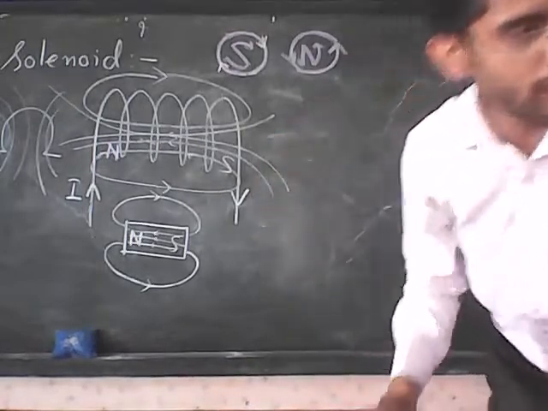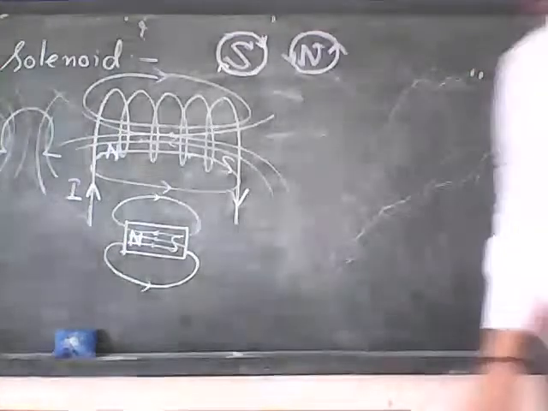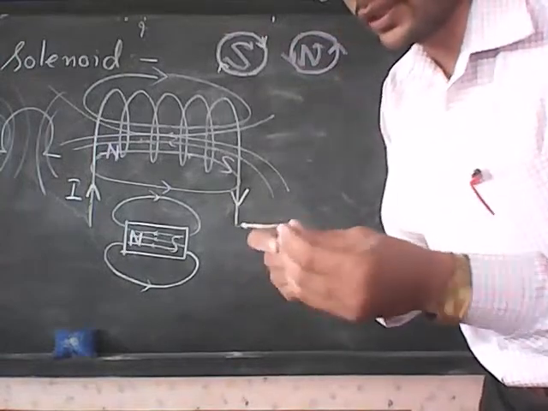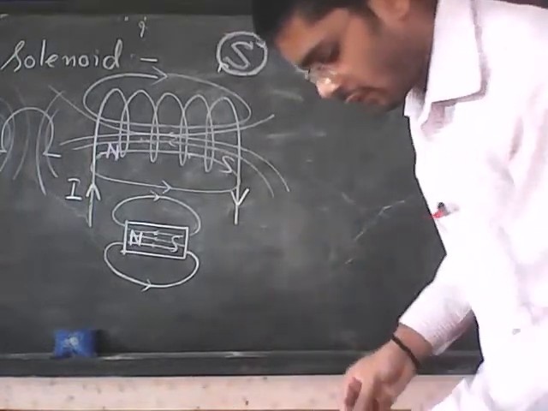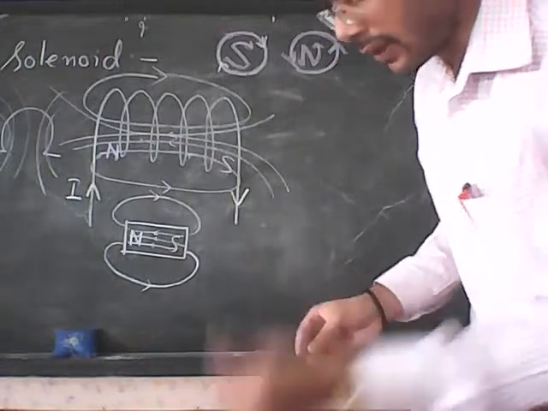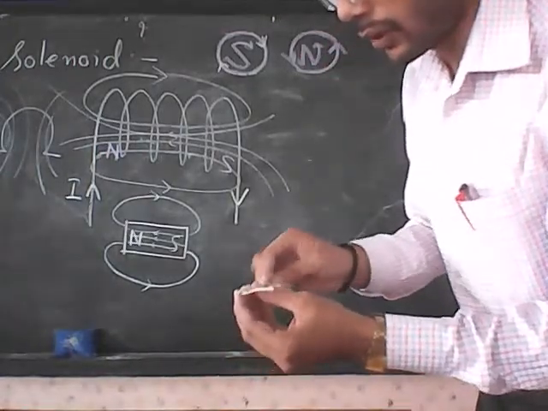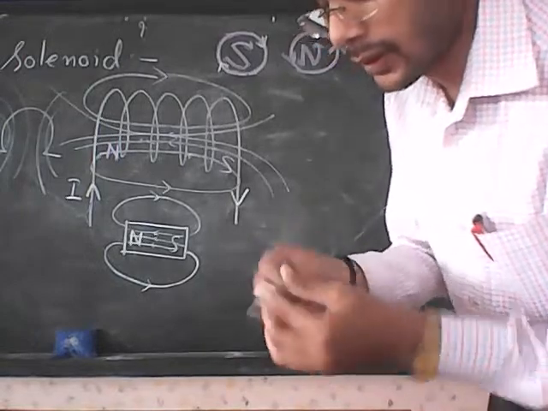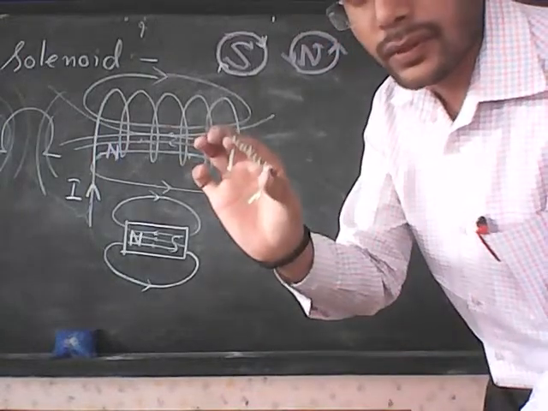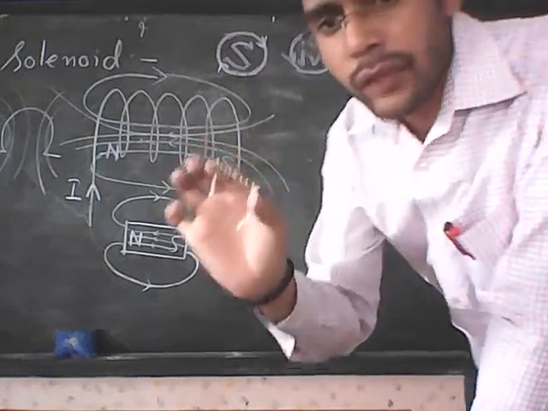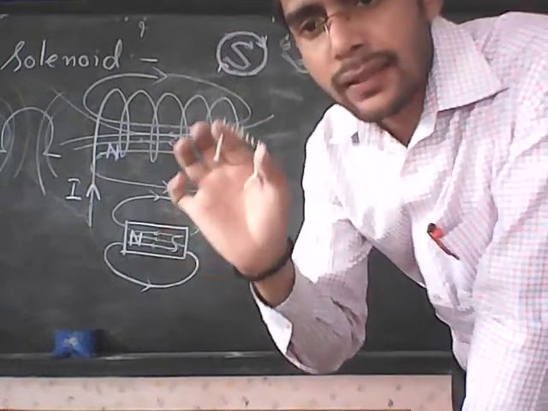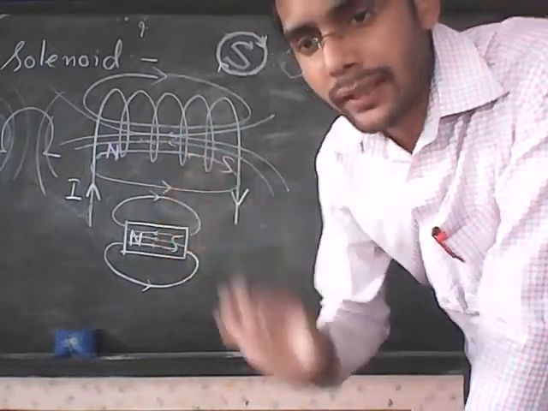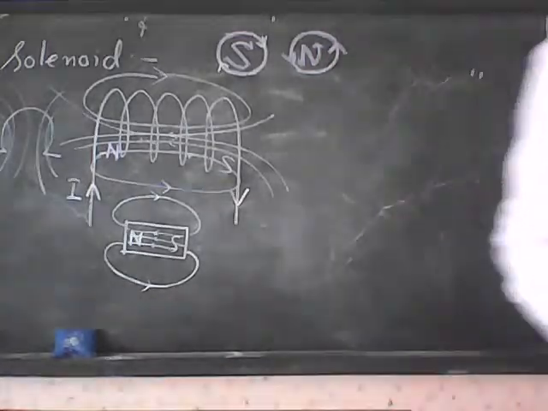The same thing happens when you form a solenoid and insert a nail inside it: it will behave as a magnet, which we call an electromagnet. I can show you the demonstration also.